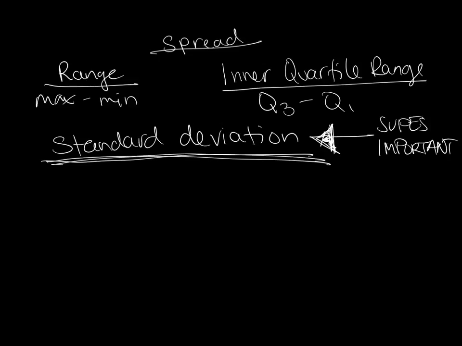Now, people get confused on what standard deviation really is and what it means. So what I want to do now is look at what it is, where it is, and what it actually means. We previously talked about measures of center.